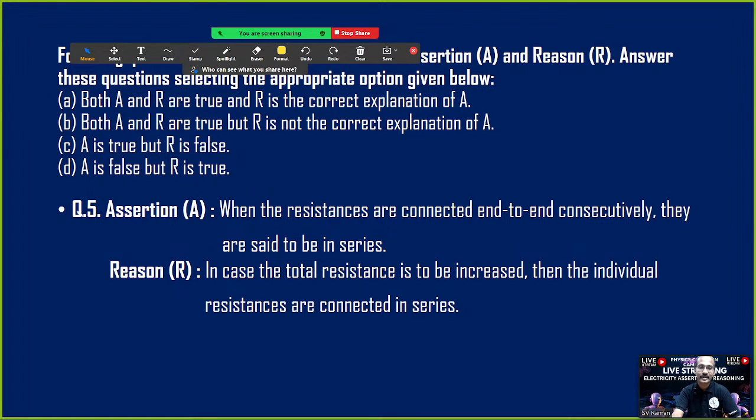Which option can we choose now? Obviously, this is a well known question and easy to answer.